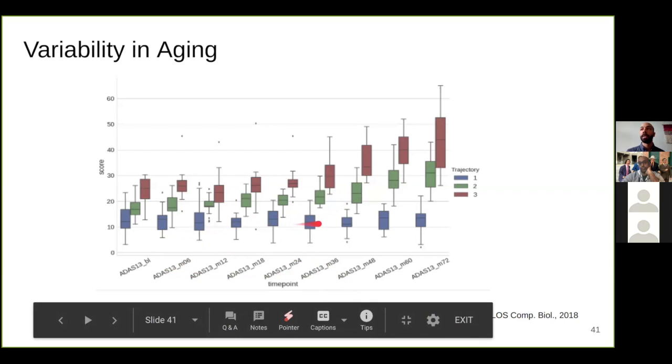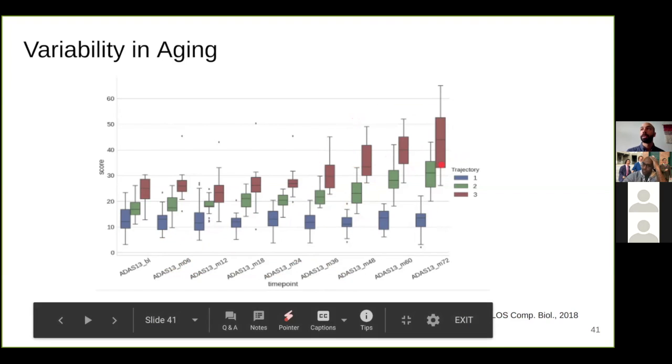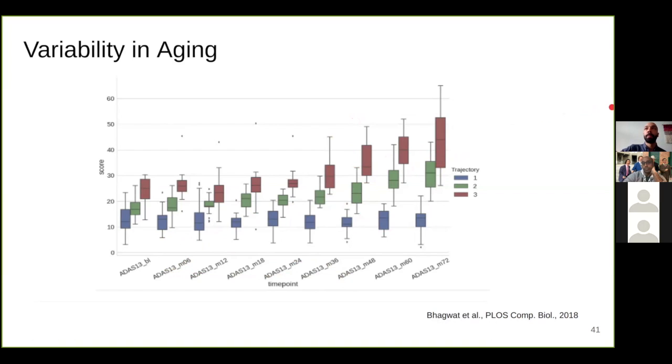So a maintainer in blue, and then 2 variable decliner groups in green and red. So when moving to a healthy elderly population, in addition to the variability on the microstructure metrics and on the brain side, this becomes of even more interest to see what aging trajectories those variables relate to.